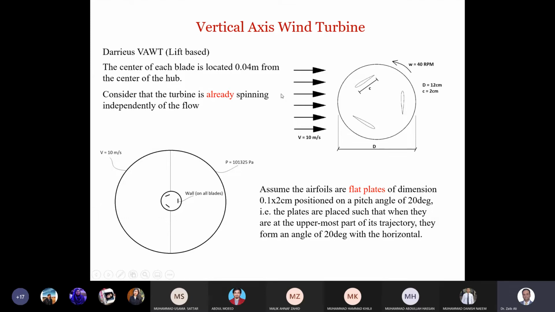There is a uniform velocity coming in at 10 meters per second. The diameter of this hub is 12 centimeters, and the length of these blades is 2 centimeters. The center of each blade is located 0.04 meter from the center of the hub.